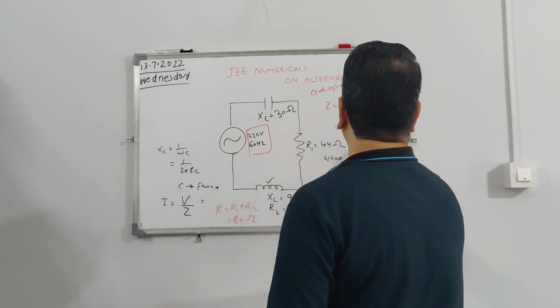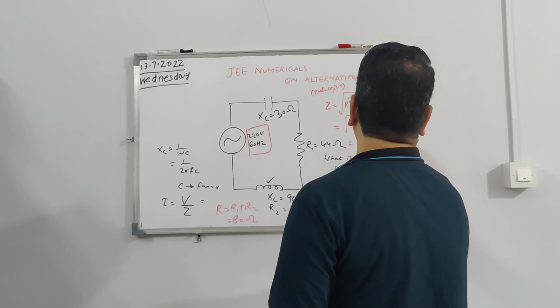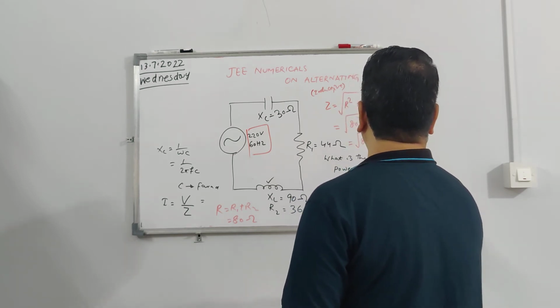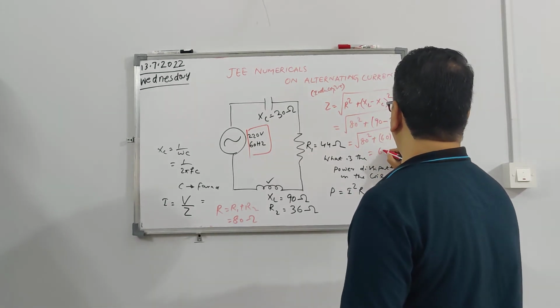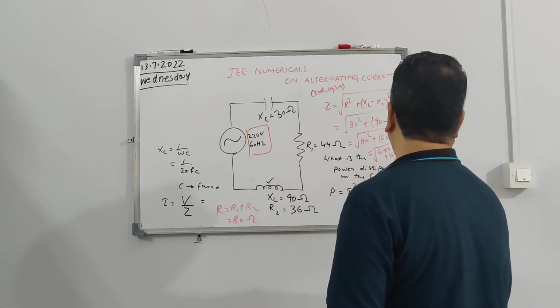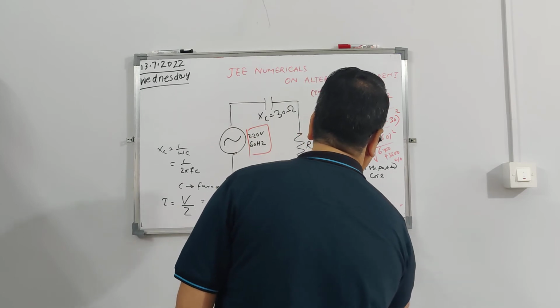So it is 80 squared plus 60 squared, square root. This becomes 6400 plus 3600, square root. Which is equal to 10. So your impedance is equal to 10 ohm, right?